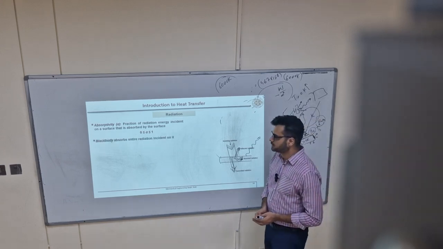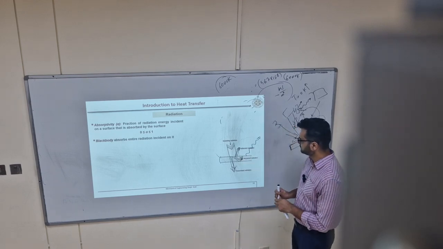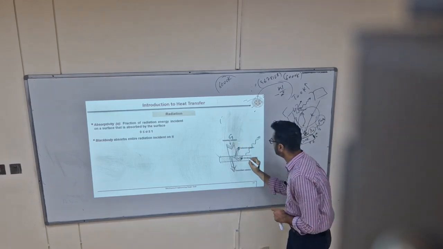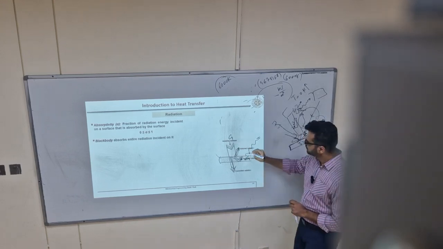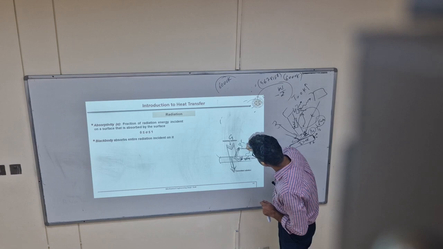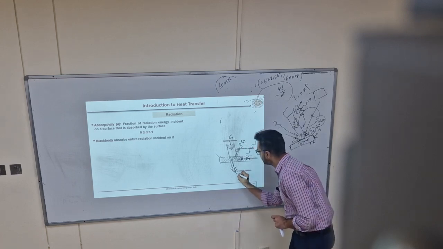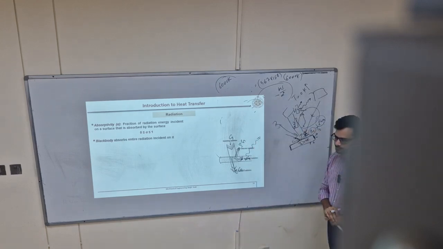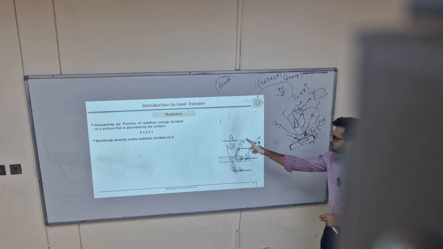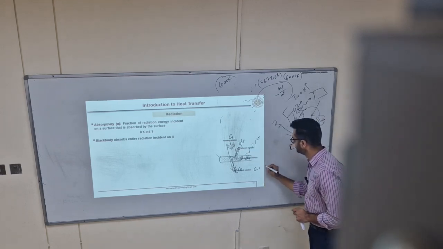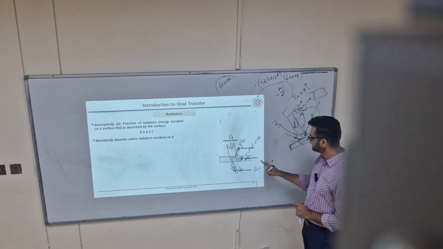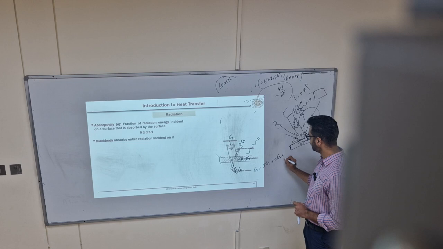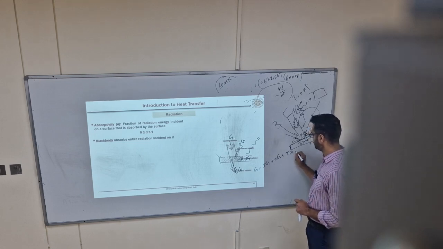So let me say this is G, the incoming radiation. A part of it is absorbed here, this is the absorbed part of G. This is the reflected part of G, and this is the transmitted part of G. So this total G is equal to the part which is reflected plus the part which is absorbed plus the part which is transmitted.